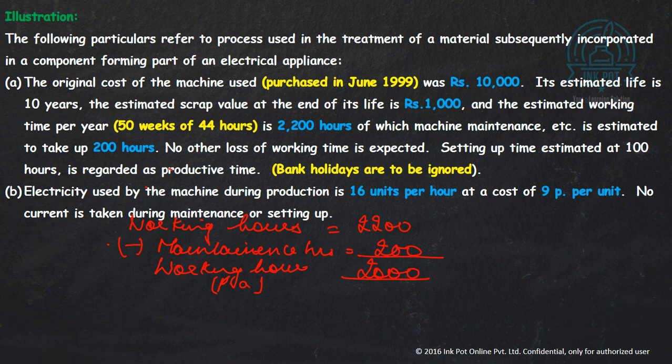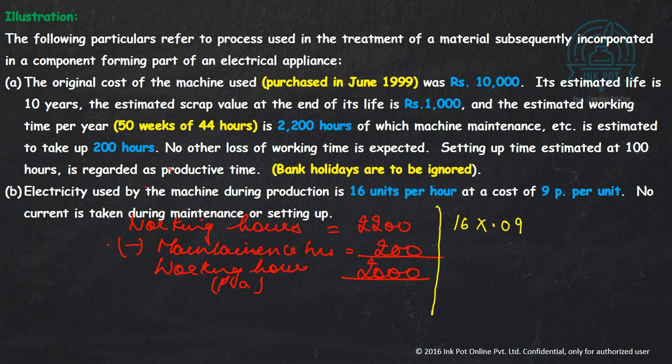Whenever we calculate the power consumption expenses, we calculate like this: 16 units per hour, and cost is 9 paisa per unit, 0.09. Here we have not deducted setting up time in the working hours because setting up time is considered as productive, so 100 hours are not to be deducted from the total working hours. But no current is taken during maintenance and setting up time.